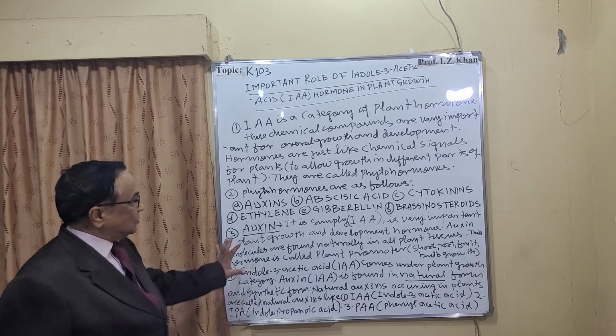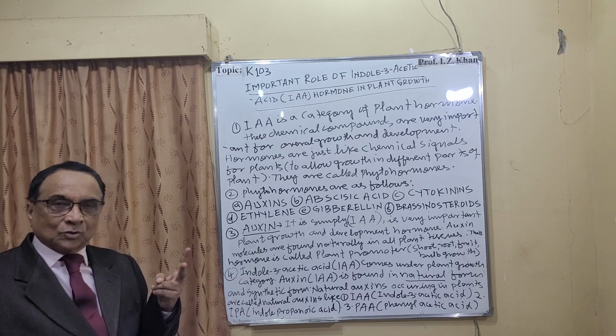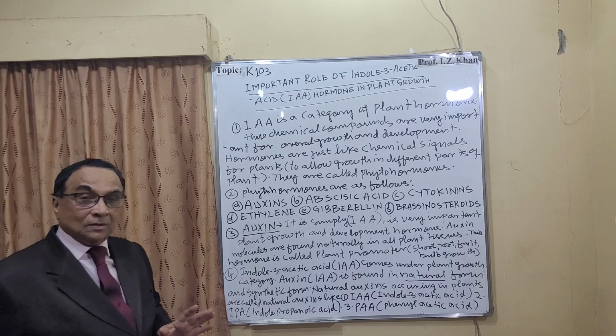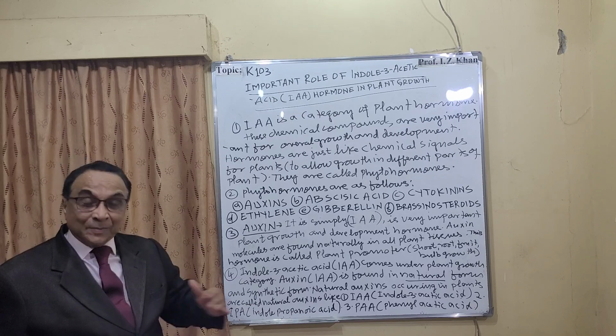When I say plant growth category, there are 2 types of plant hormones. One is called growth hormones, the other is called stress and inhibitor hormones.